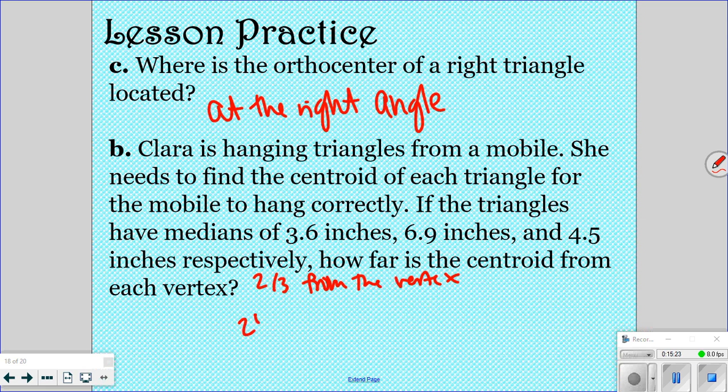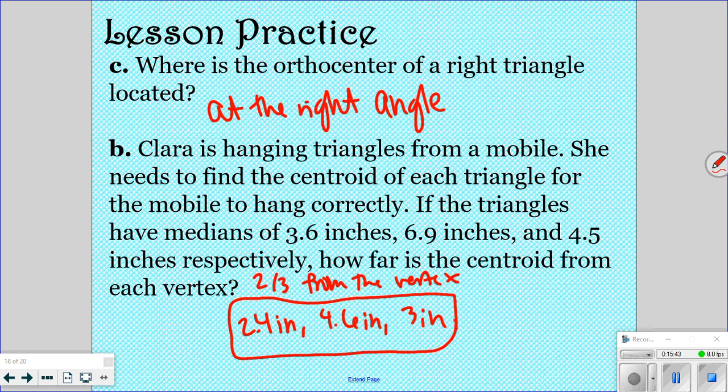So that'd be 2.4 inches. 2/3 times 6.9 would be 4.6 inches. And then 2/3 times 4.5 would be 3 inches. So that would be how far it is from each vertex.